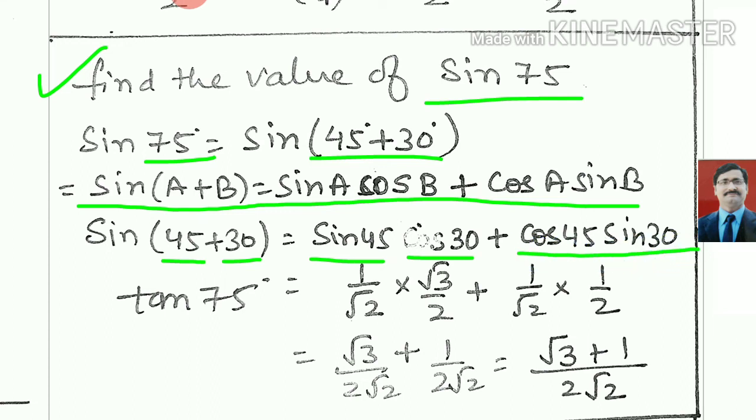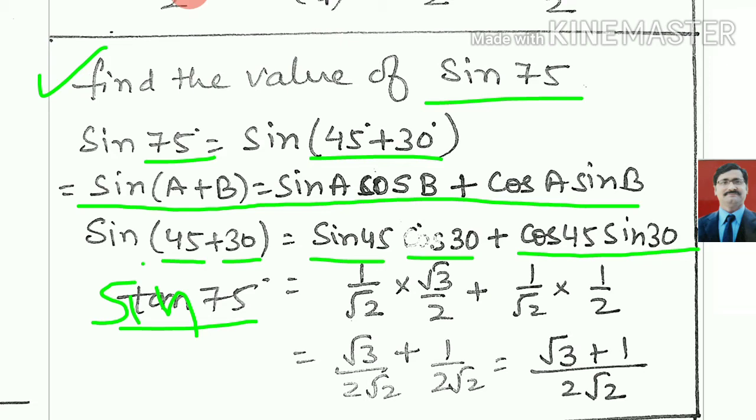Now 45 plus 30 will be 75. So here is sine 45. Sin 45 is equal to 1 upon root 2, into cos 30 which is root 3 by 2, plus cos 45 which is 1 upon root 2, and sin 30 is 1 upon 2.